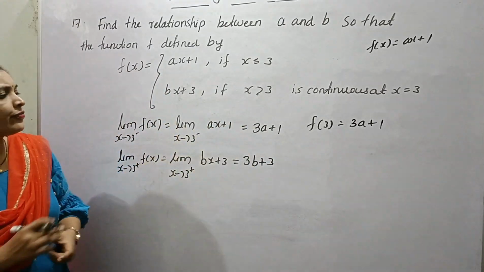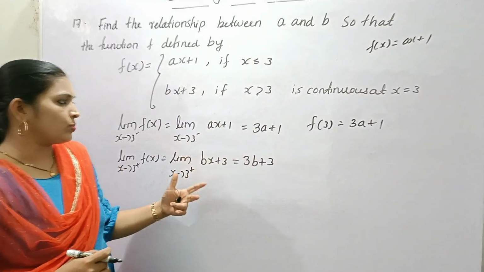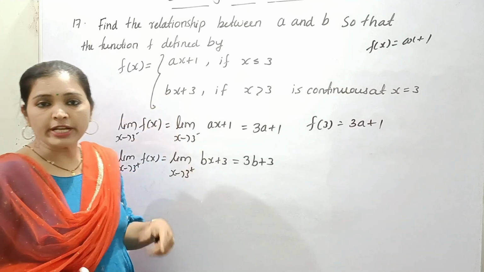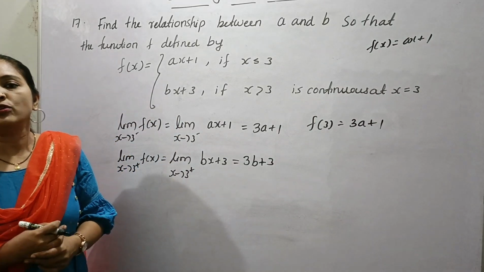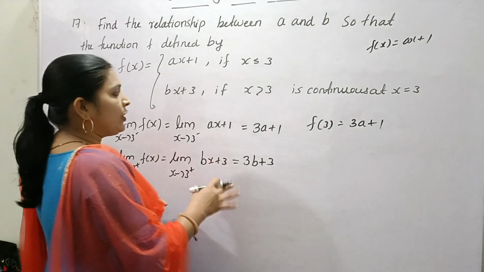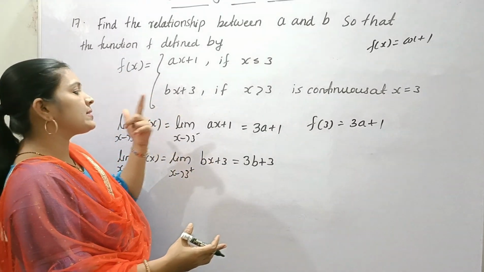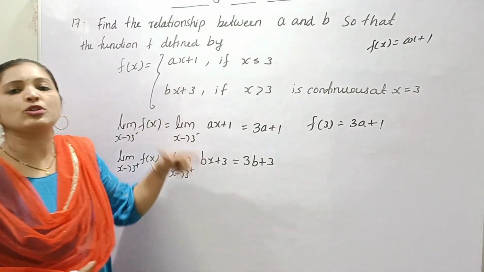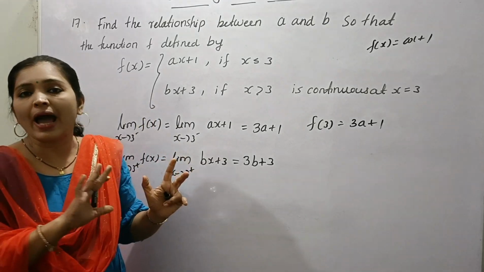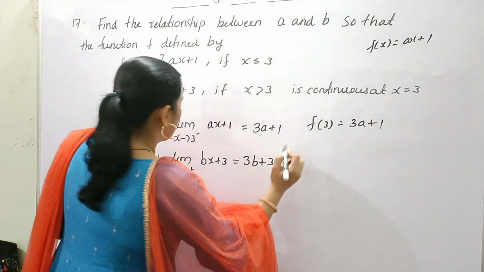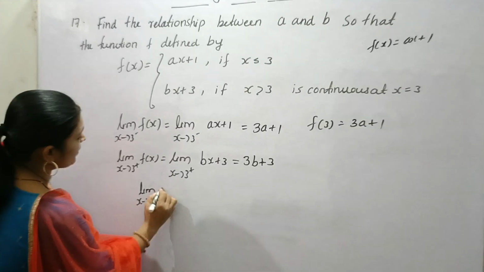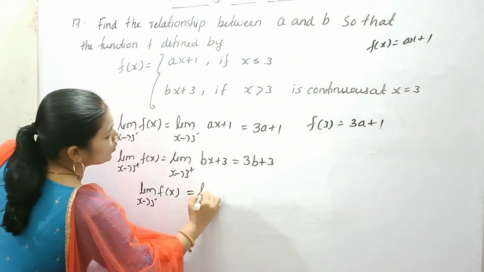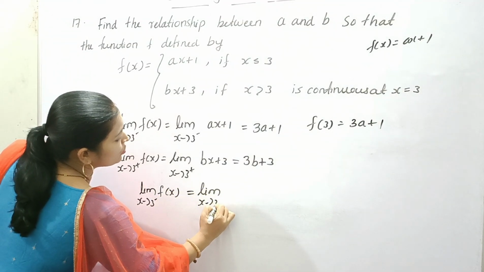Okay, these are enough. So here we equate these two, because it is given that this function is continuous at x equal to 3. What are the values of a and b? We know that if it is continuous, the left hand limit and right hand limit of the function at x equal to 3 are equal, right? So limit x tends to 3 minus f of x is equal to limit x tends to 3 plus.